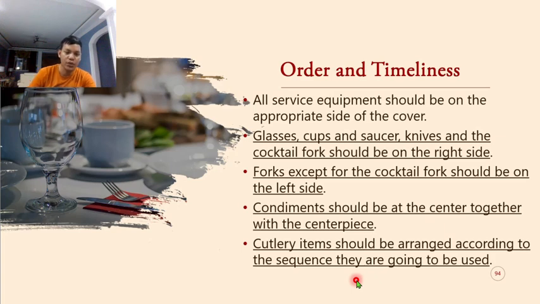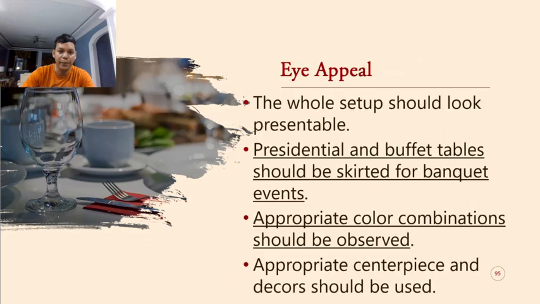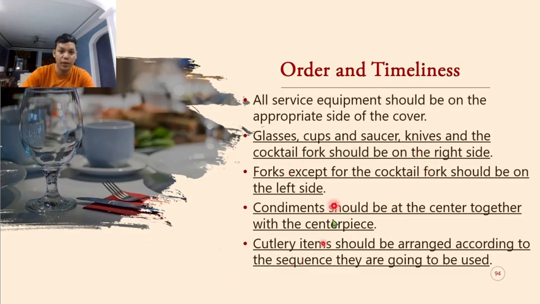We need to use the items from the farthest to the nearest to the show plate. And also for the eye appeal, we will discuss more in the later lecture.